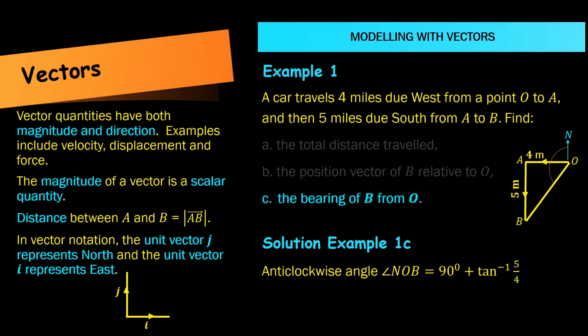This is equal to 90 degrees plus tan inverse 5/4. This comes from the formula tan theta equals opposite over adjacent, and we've simply inversed in order to find theta. And theta is the angle which has been highlighted in red.